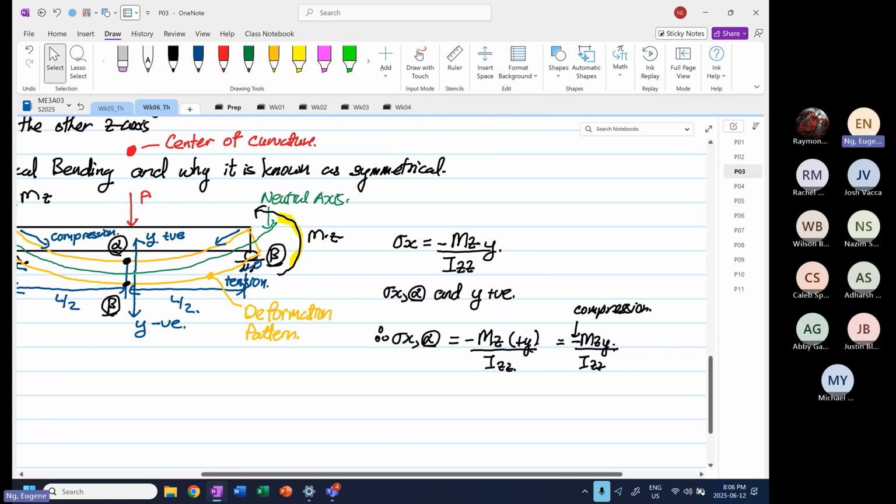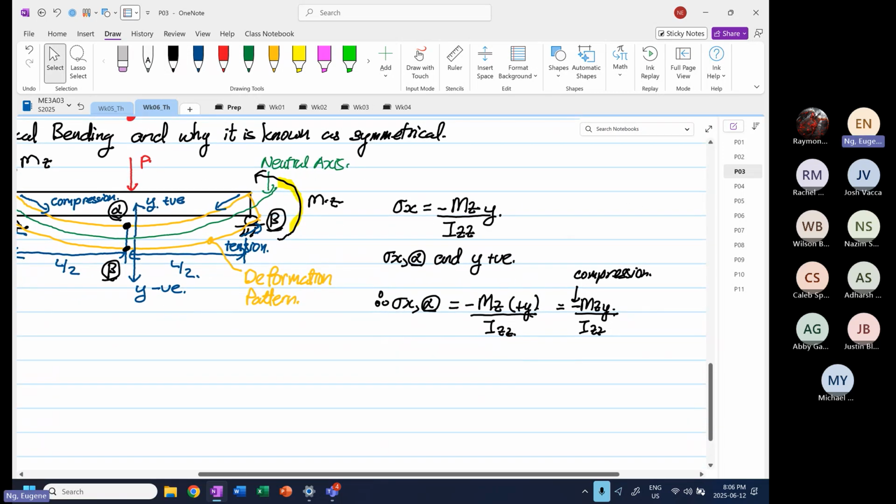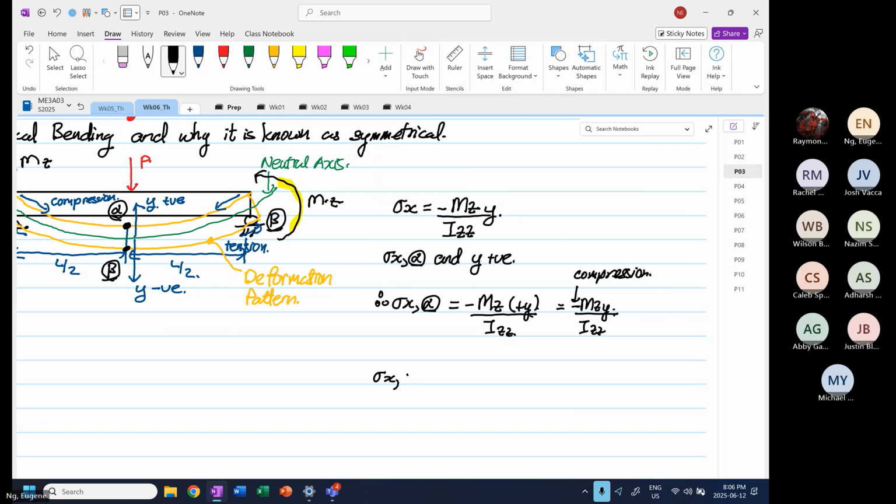Now, let's look at stress X at beta. Stress X at point beta, and Y now becomes negative. Why is Y at beta negative? Because relative to the neutral axis, the distance Y is pointing away from the center of curvature.